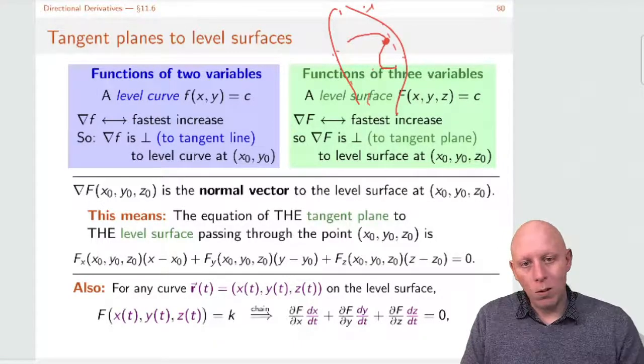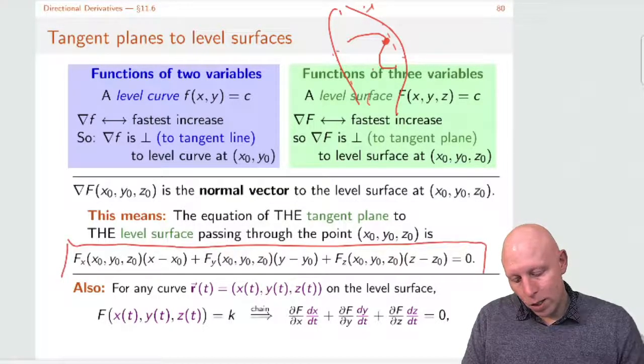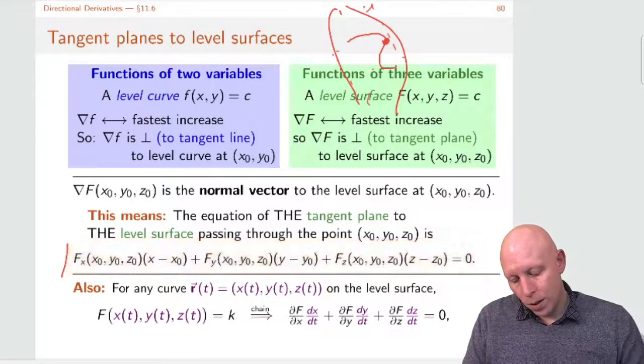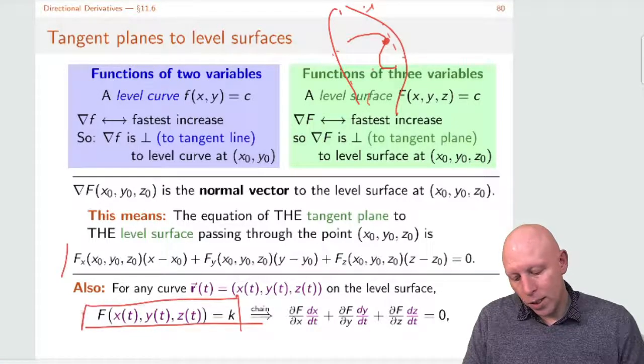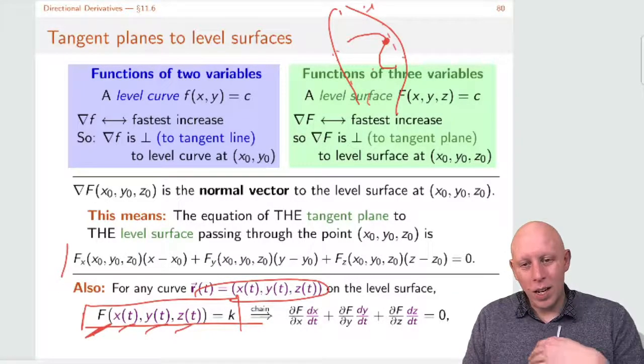along some curve, then we know that because we are on the level surface, the function value of this curve, if we apply it, well, it's constant.